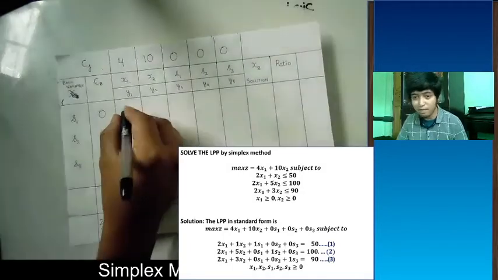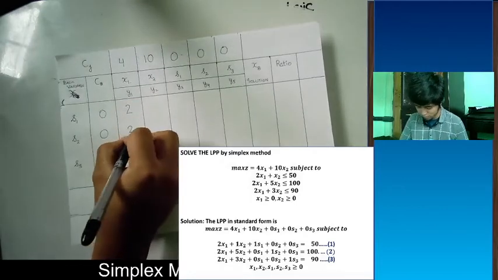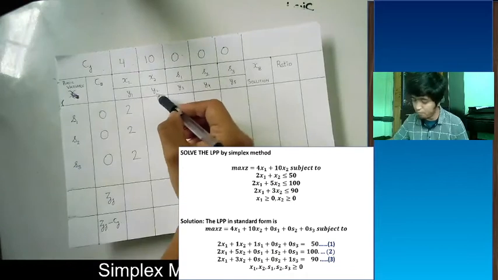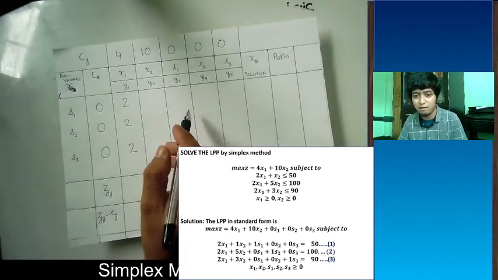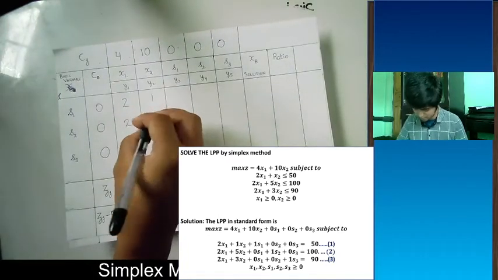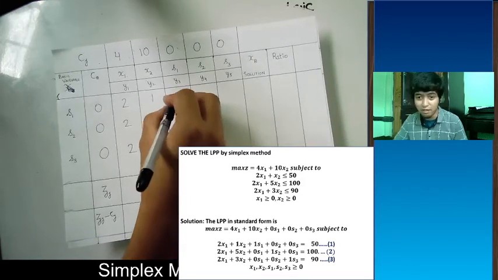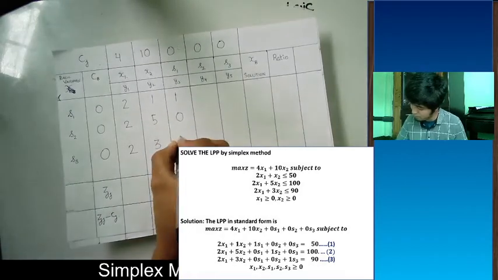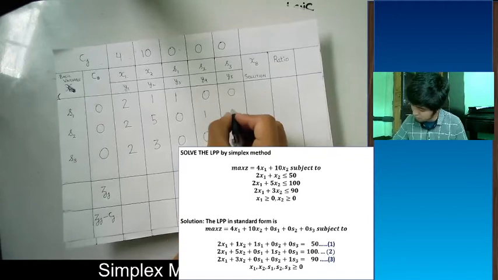Y1 we have found out to be 2, 2, 2. Y2 we have found out to be 1, 5, 3. Similarly, Y3 we have found out to be 1, 0, 0, Y4 is 0, 1, 0, and Y5 is 0, 0, 1.